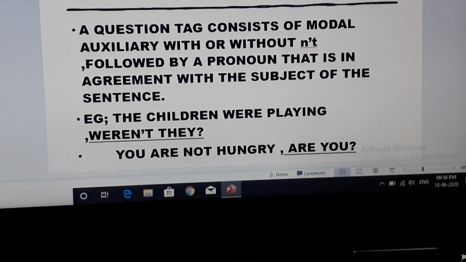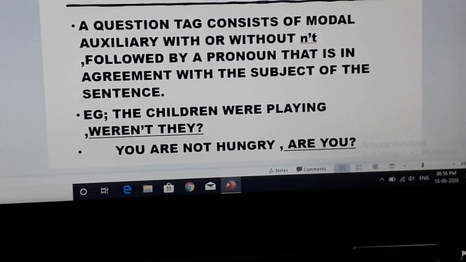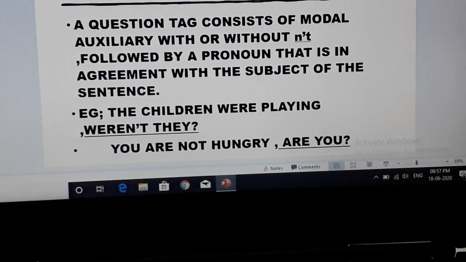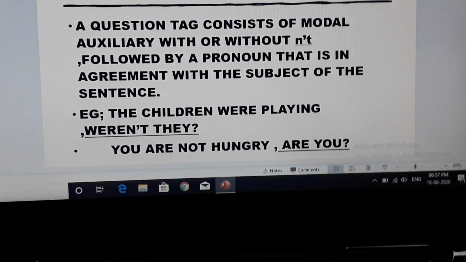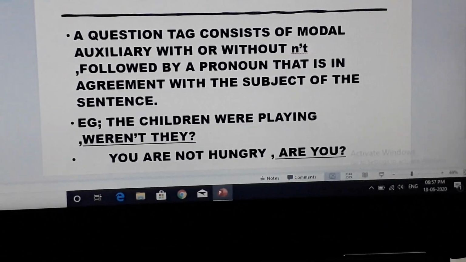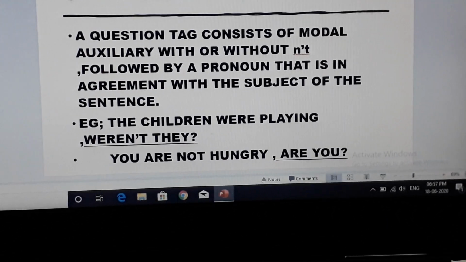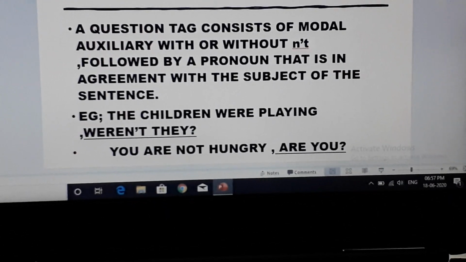Now, in this sentence, the children is your subject and it is a plural subject, and for the children we are going to use the pronoun they. Were is the helping verb used in the sentence, so we are going to use the same helping verb and this question tag will become weren't they.